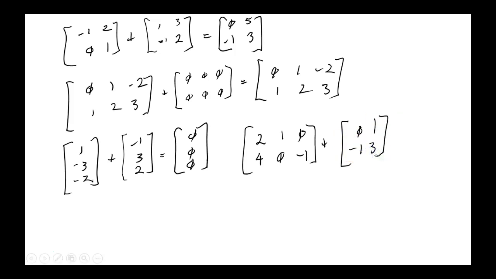What do you reckon that gives us? Absolutely nothing, because this is undefined. Undefined because those do not have the same dimension. The first one's a 2 by 3, the next is a 2 by 2. You cannot add two matrices of different sizes, ever.